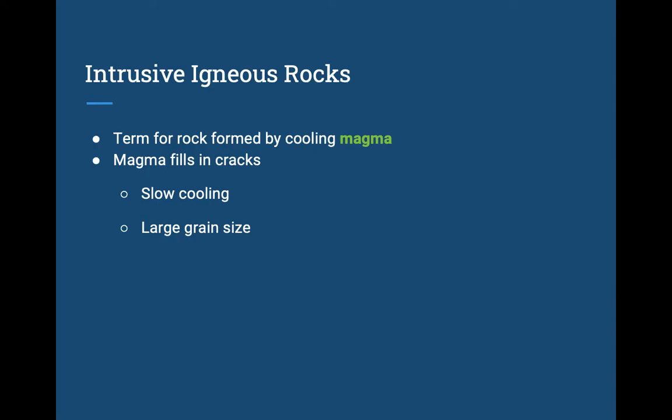Okay, so an intrusive igneous rock, one that comes from cooling magma, it's going to cool slowly, and therefore it will have large grain sizes. And we've got pictures coming up here, and I'll show exactly what I'm talking about, but that's just how these things work. So I'll give better examples here in a moment.